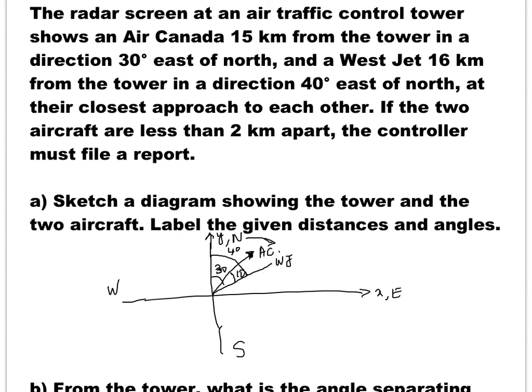If the two aircraft are less than 2 kilometers apart, meaning that this distance is less than 2 kilometers, the controller must file a report. Part 1 says sketch a diagram, and this is the diagram that we have here. Label the distances and the angles.